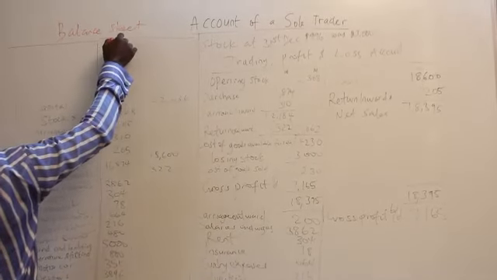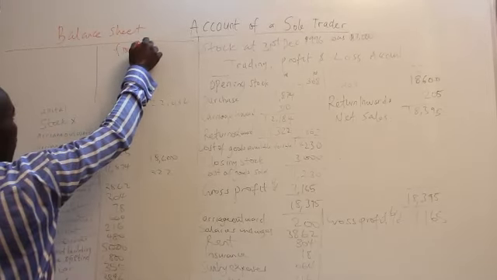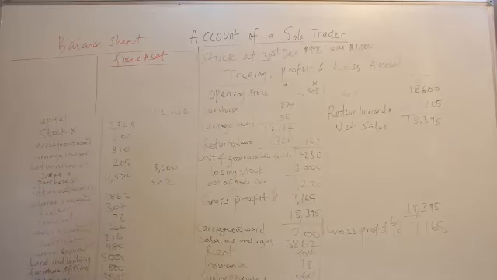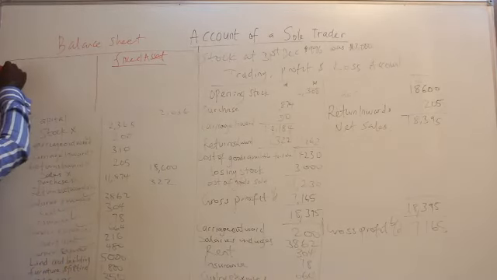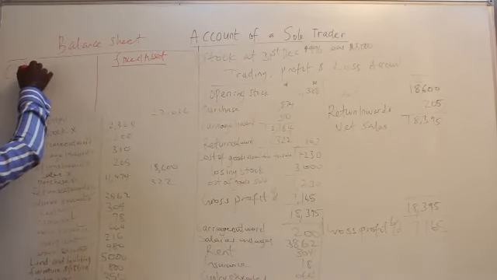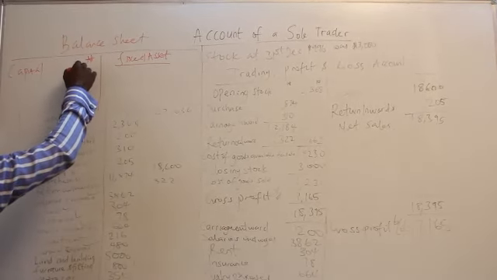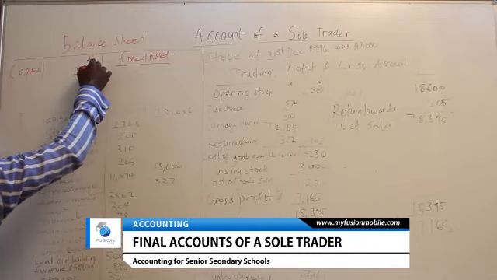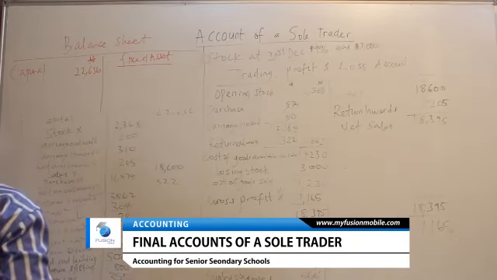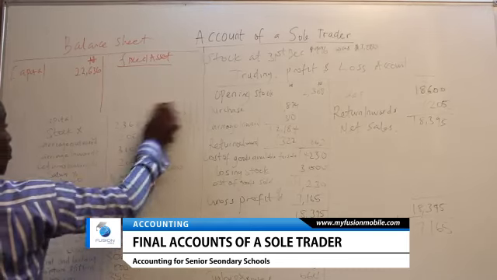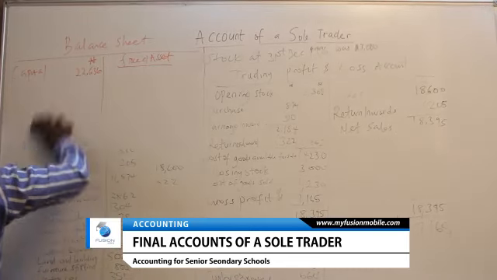So these are fixed assets, and we can have our capital. So our capital is 22,636. So we can rub this off to have enough space.